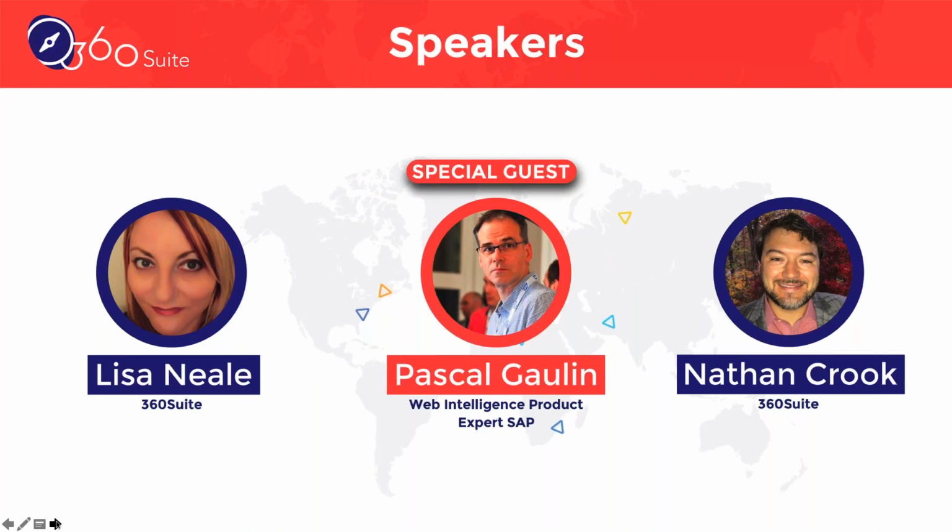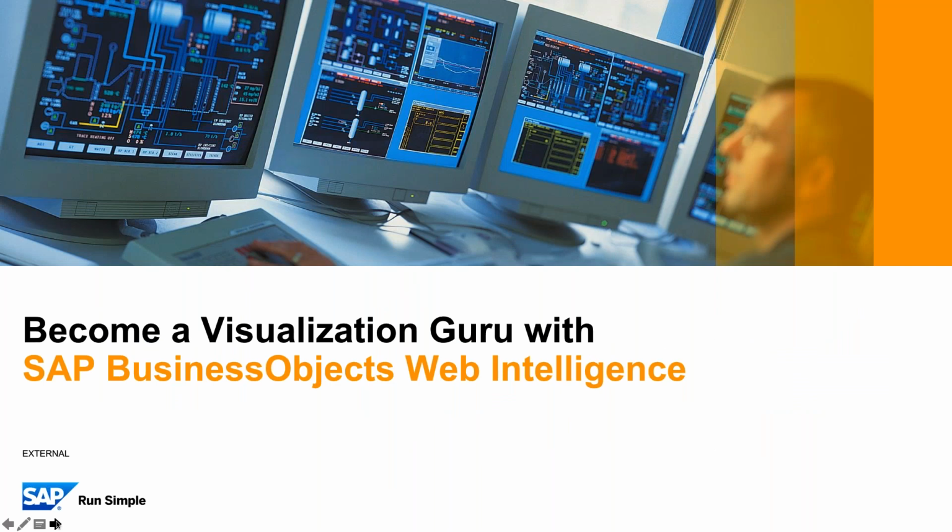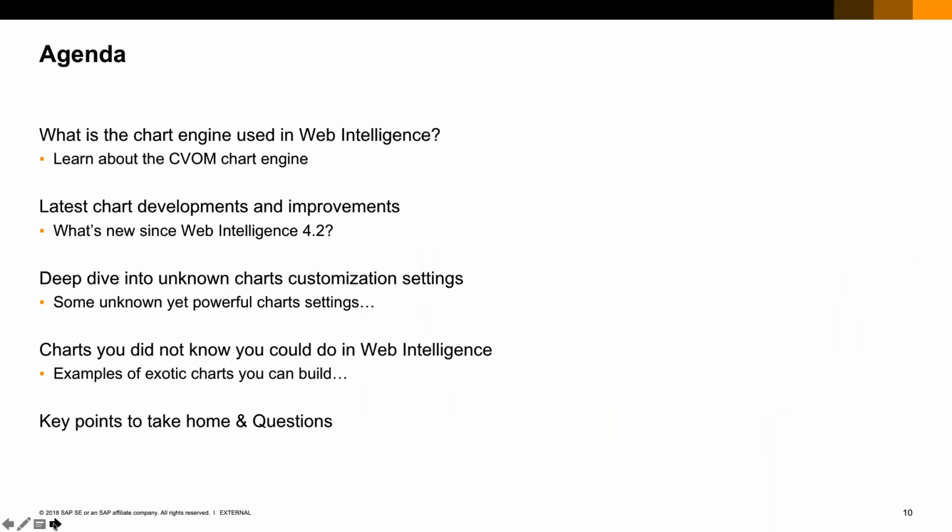Okay, thank you, Nathan. Okay, so during this presentation, I will go through four parts. First of all, I'll talk a bit about the chart engine in Webi, what it is exactly, where it's coming from.